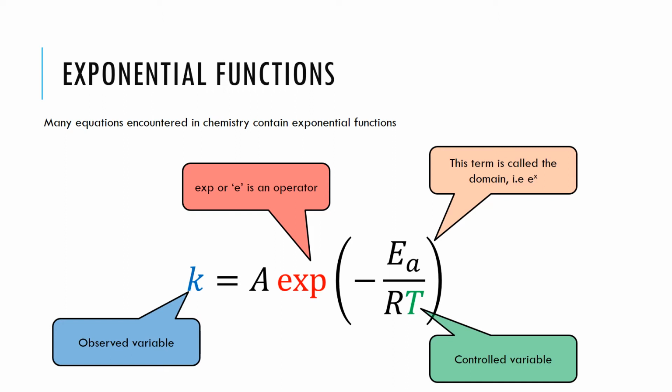So if you look at that equation, A is a pre-exponential factor, Ea is the activation energy for the reaction, and R is the gas constant. T is our controlled variable. But really what we're saying there is that the rate constant has an exponential dependence on temperature.